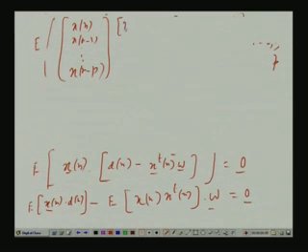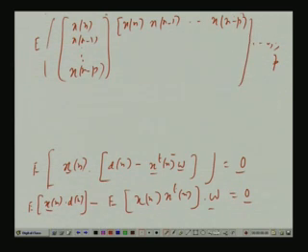X transpose n is x n, it becomes a row vector. Okay. If you do that, x n into x n, expected value of that is r 0.